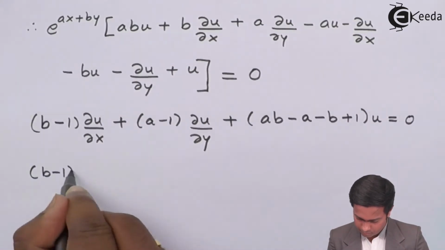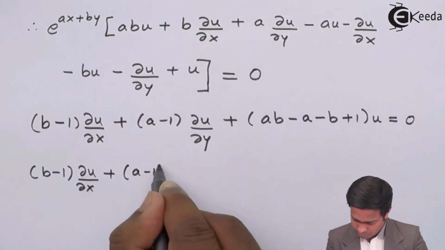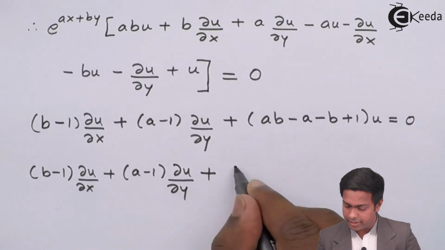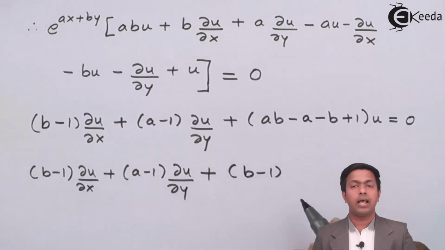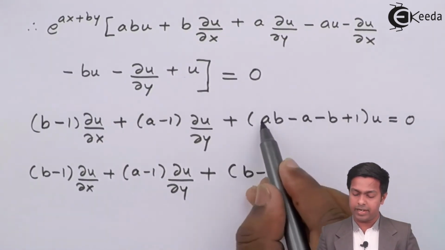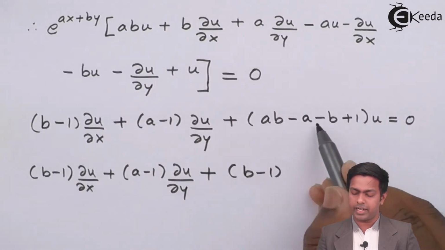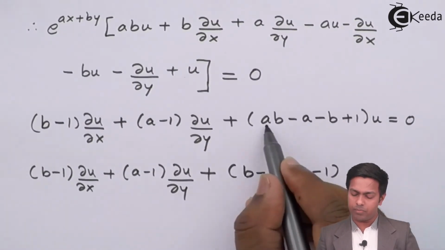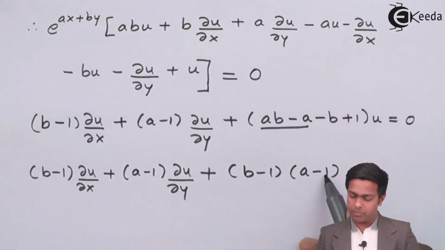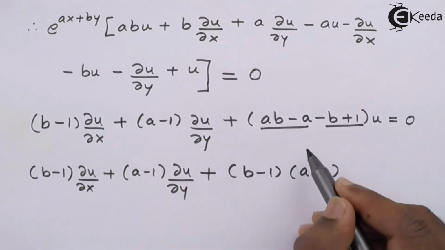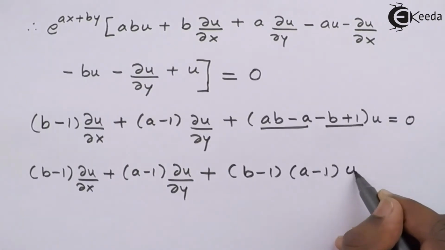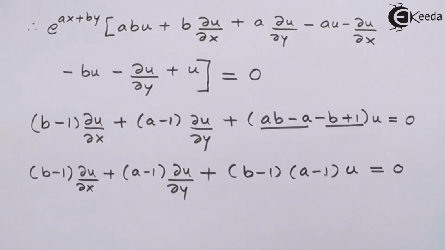So now if I take a common, then we will get b minus 1 as the first bracket, and here also I can take negative 1 common, so in the second bracket I'll get a minus 1. So a I got from these first two terms, and this minus 1 I got from these two terms, and in both the terms we will get the b minus 1 bracket. So I've written this directly, u equal to 0. Now guys, this is the simplification.